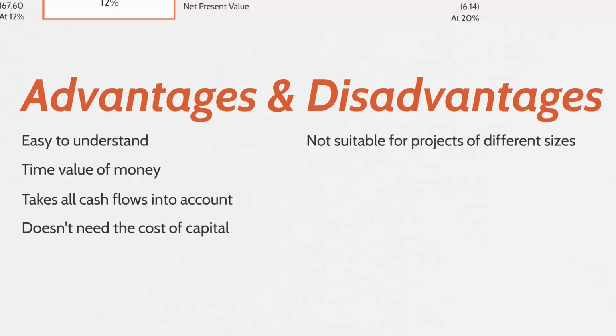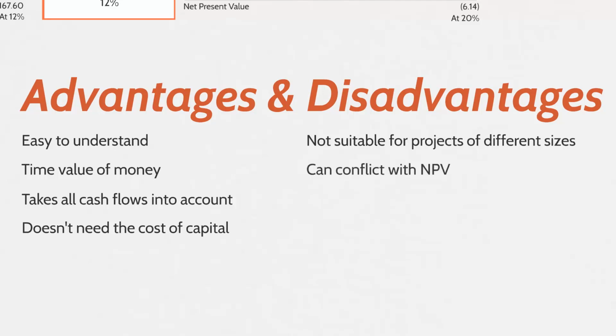For example, a 10% return on a £5 project is going to look, in percentage terms, better than a 1% return on a £10 million project. But actually, in nominal values, a 1% return on 10 million is going to be far higher than a 10% return on £5.